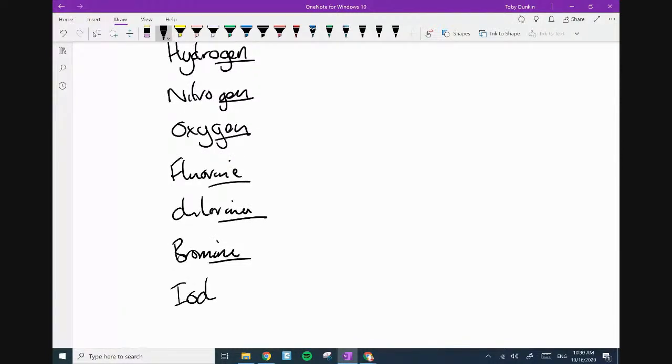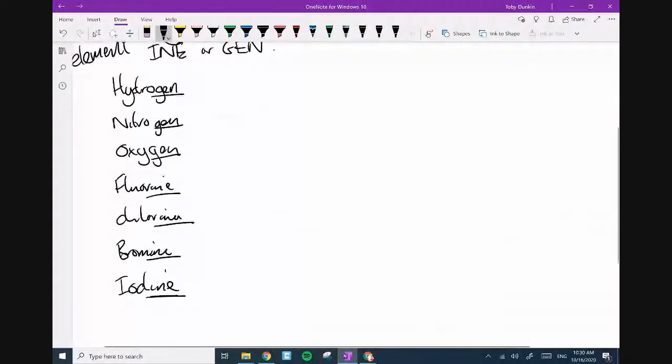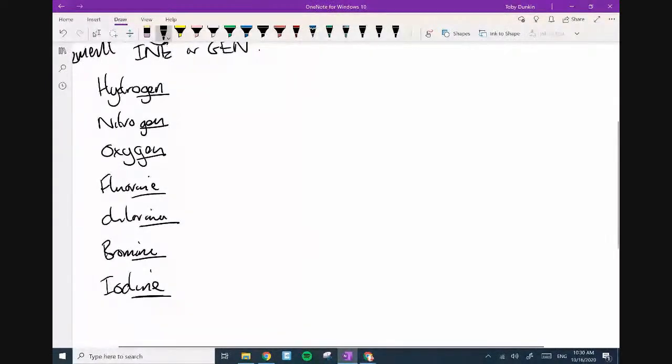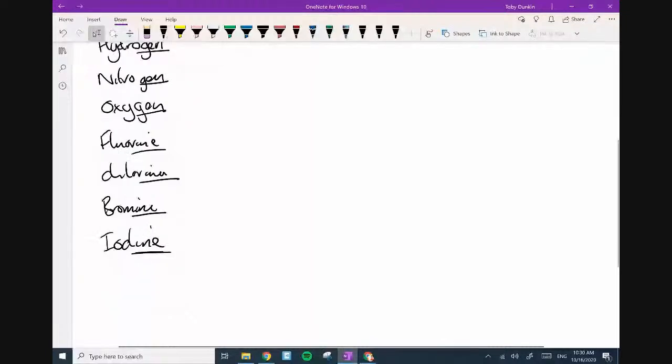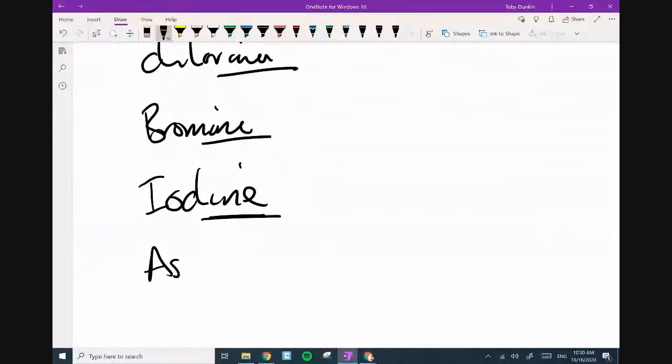Now, we can actually argue, I've always got a year 10 student who's been a pain, who's like, yeah, but there's always astatine as well. And he is right. Astatine is in group 7 as well, and that will also be diatomic, At2. But the thing is, we never deal with her because she has a Guinness World Record.